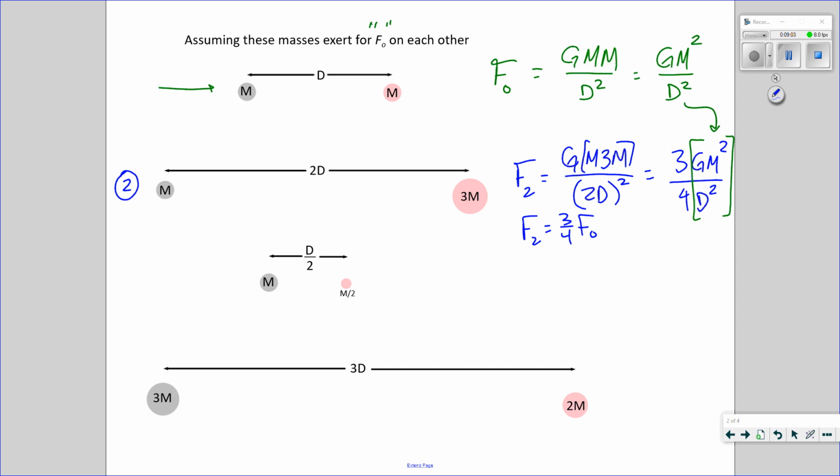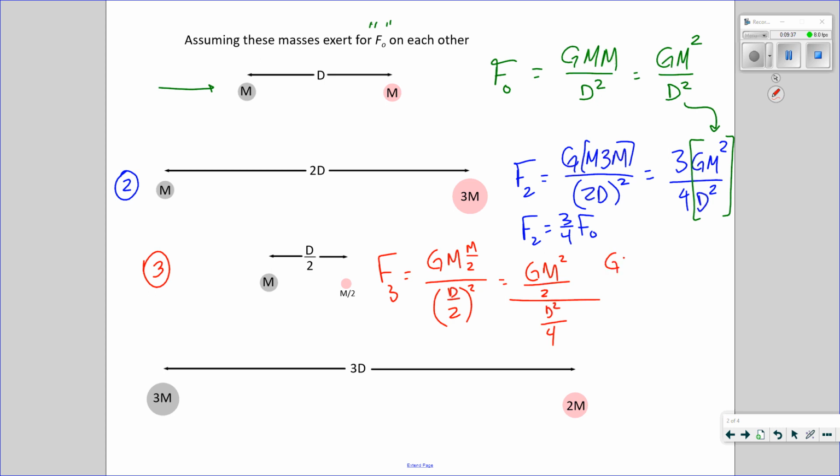All right, here's another one. Let's call this case 3. We have F3 is G times m times m over the quantity d over 2, squared. So that's G m squared over 2 divided by d squared over 4.